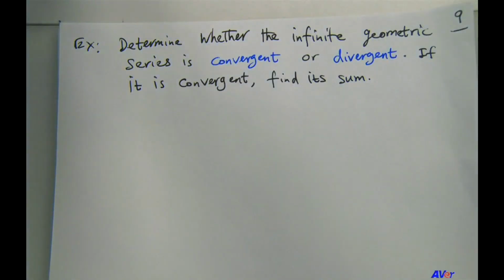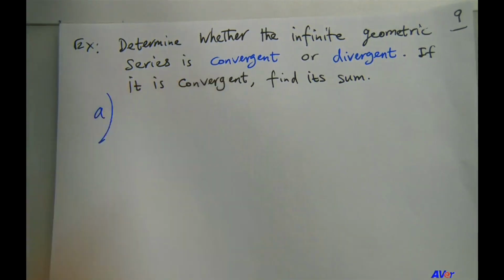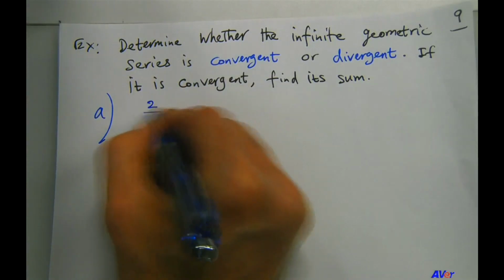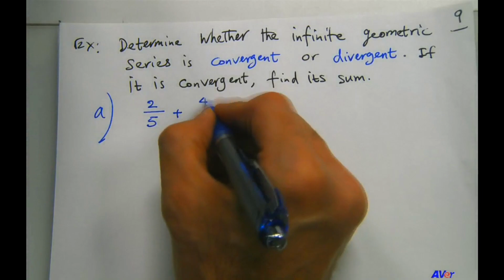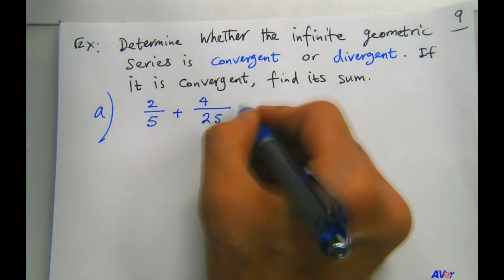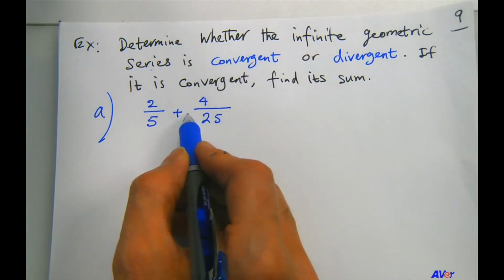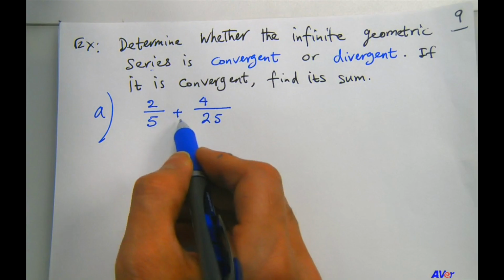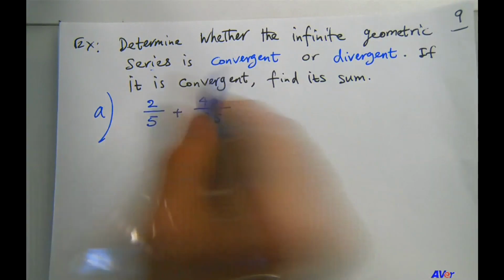Okay, and this has part A and B. So here's part A. This is the geometric series, 2/5 plus 4 over 25. Notice when we have series, we have plus or minuses, right? No commas. The commas are for the sequences. For series, it's the plus or minus because we're adding.